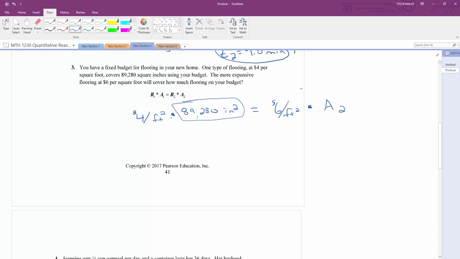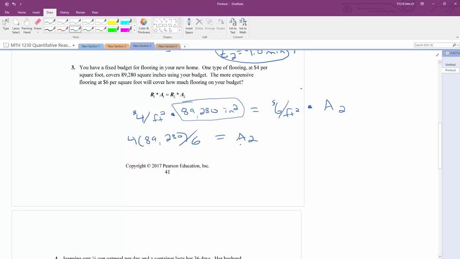So it'll all work out. To solve this for A2, we would take 4 times 89,280 and then divide by 6. And this will give me A2.